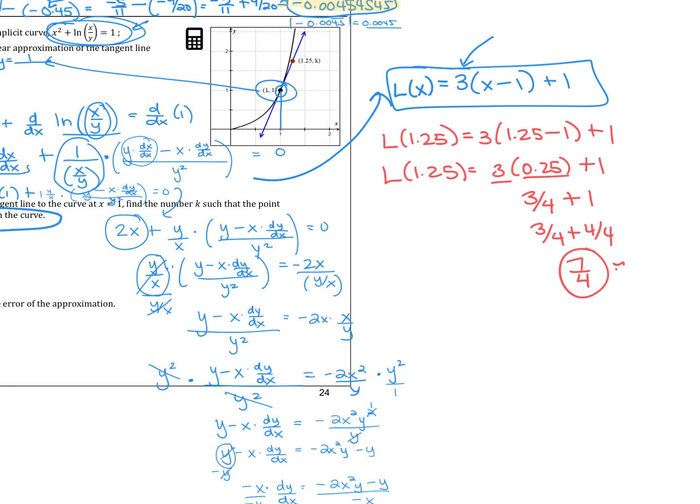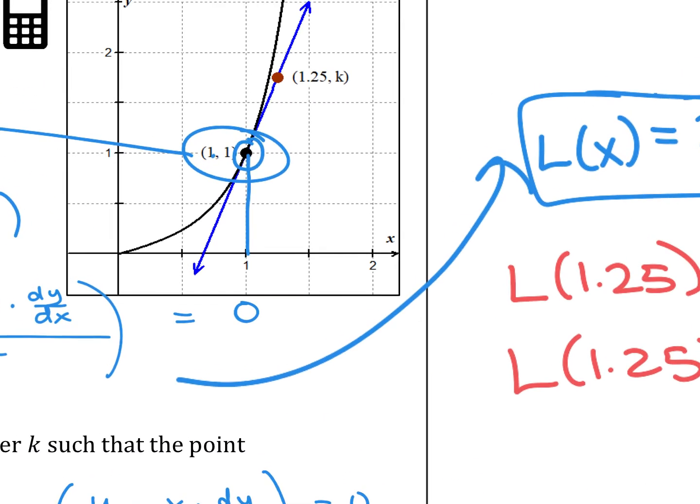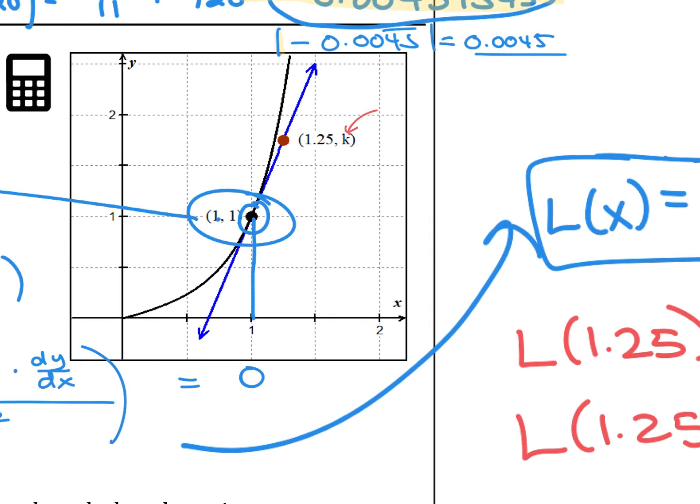Or if you want the decimal value of that, that's 1 3/4. So the value of k, when I plug in 1.25, is 1.75. Using the linearization, we'd get 1.75.